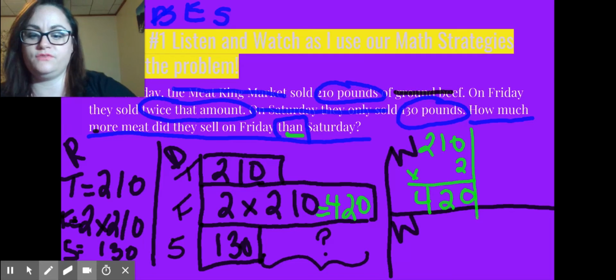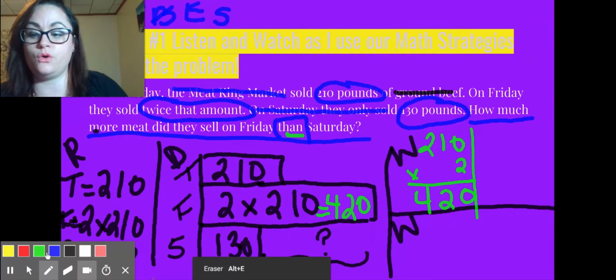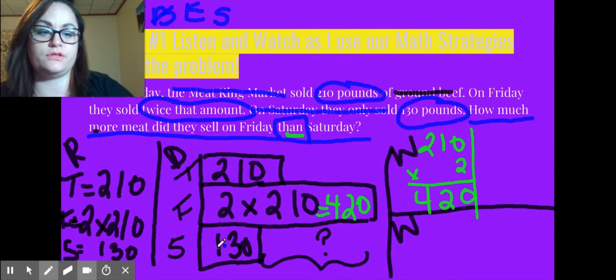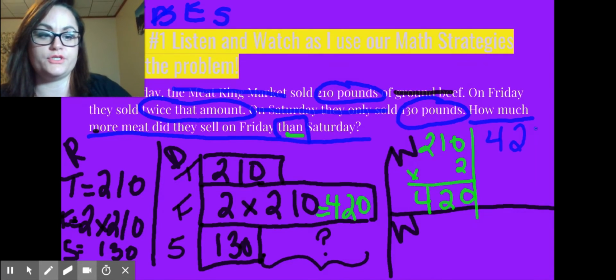Now I need to figure out how much more meat they sold on Friday than Saturday. In order to do that, I'm going to take the total that I have for Friday and I'm going to subtract, because the word than represents subtraction, Saturday, and Saturday is 130. So I'm going to take 420 and I'm going to subtract 130.